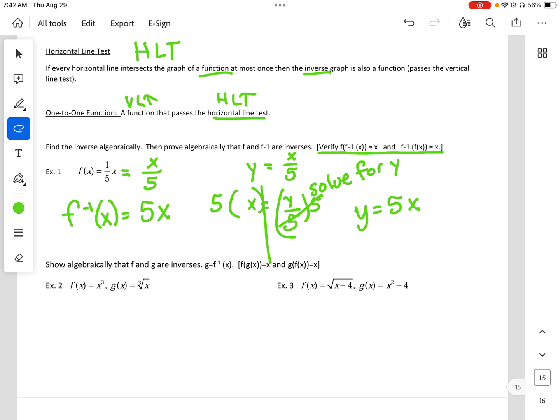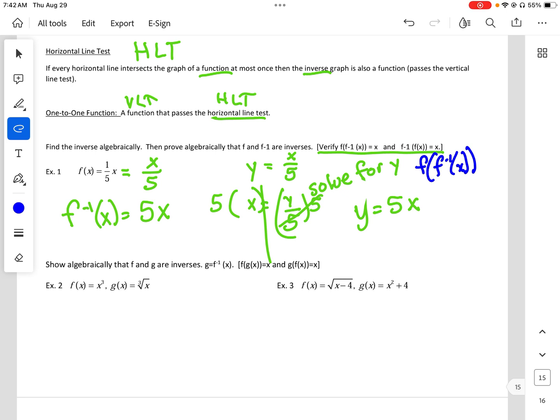We're going to use the composition of the functions. Let me get a different color here. Let's do f of the inverse function first and see what that gives us.